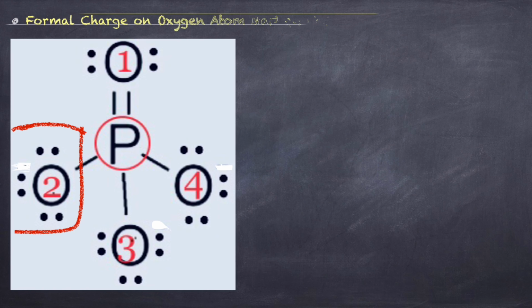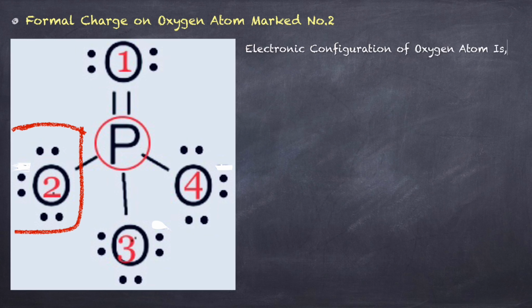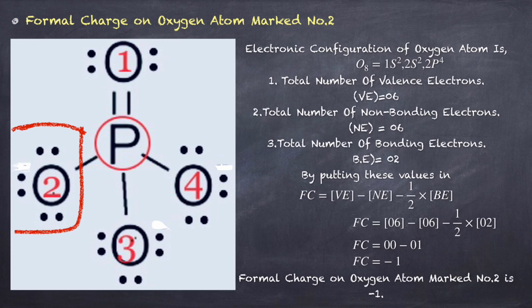That is, it is a chargeless atom. Now again, let us consider the formal charge on the oxygen atom, which is marked number 2. Here you can observe the electronic configuration of oxygen atom is 1s2, 2s2, 2p4. Therefore, the total number of valence electrons, that is Ve, will be equal to 6. Now, the total number of non-bonding electrons, that is the lone pairs of electrons shown on the oxygen atom, that is Ne, will be equal to 6. Now, the total number of bonding electrons, that is Be, equals 2.